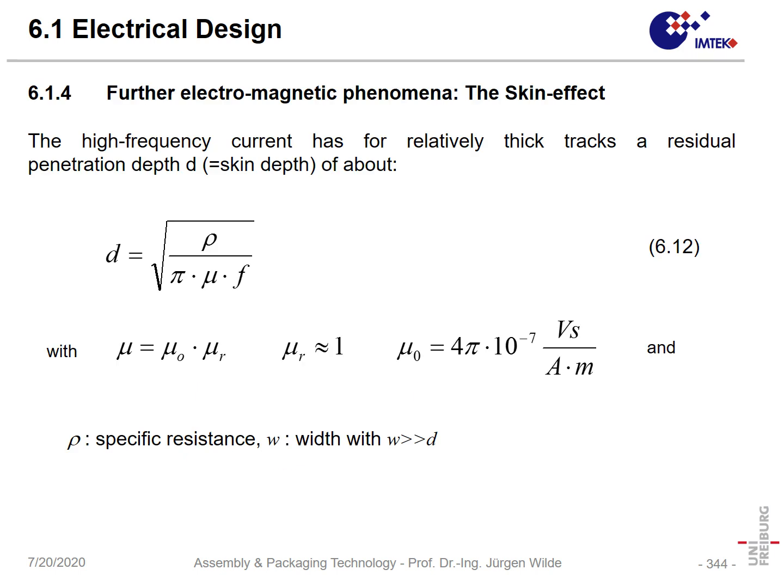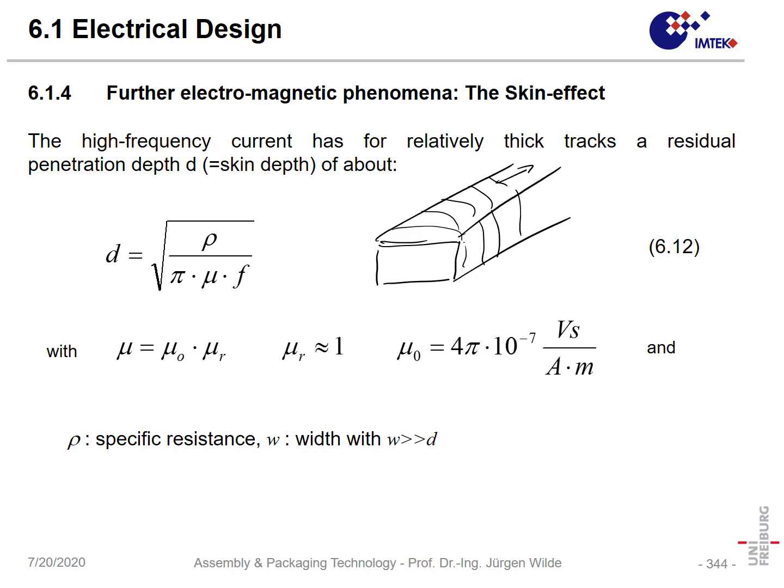There is one more phenomenon of assembly and packaging which is important. When we have a conductor of a certain length and a signal propagates, of course we would expect that the signal would run all through our circuit, but that is not the case.